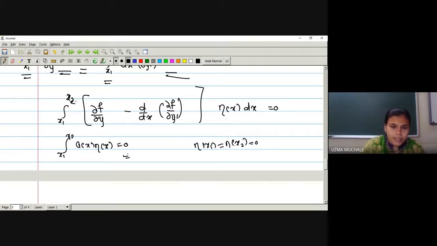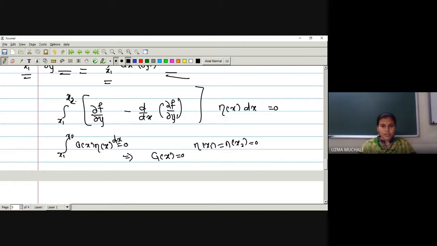Then what is the theorem? g(x) is equal to 0. If the value of this integration is equal to 0 for the function η with η(x1) and η(x2) equal to 0, and g(x) is some particular function, then we can say that g(x) is equal to 0.